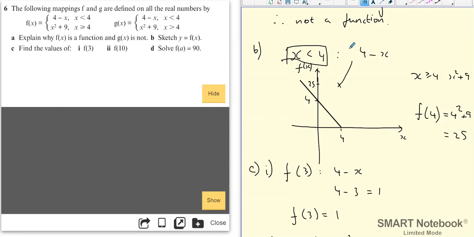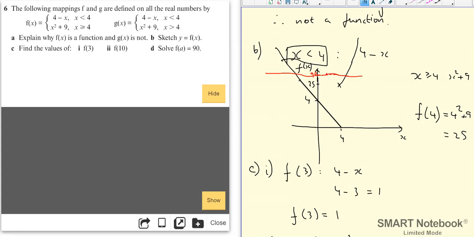Let's just say I'm going to extend this line, because this is a straight line that's going to go up forever in that direction. This quadratic is going to go up forever in that direction. But then it says, when it says f of a equals 90, here is 90, and I need to draw a solid line across.